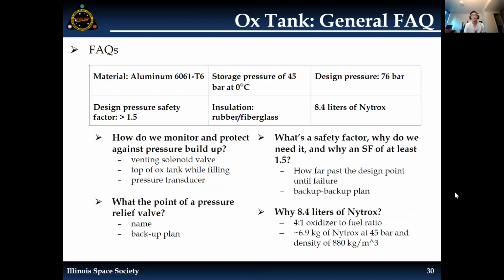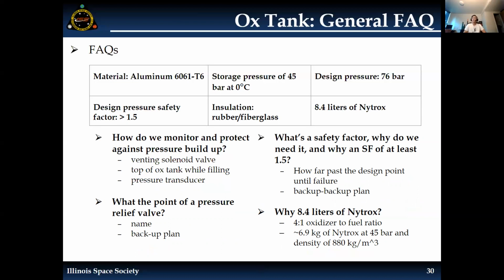Okay, so safety is going to be a very, very important part of designing the oxidizer tank because it is a pressure vessel that's holding some high pressure liquids. So in order to monitor and protect the oxidizer tank and ourselves against pressure buildup, there's going to be a venting solenoid valve at the top of the oxidizer tank.